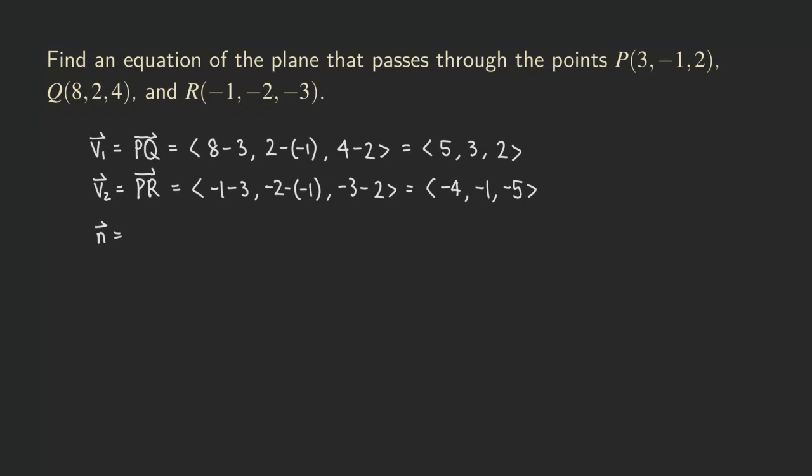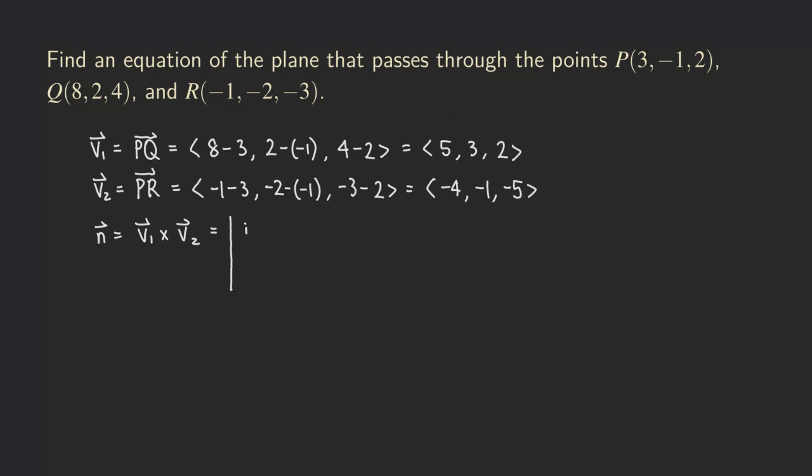The normal vector is determined by taking the cross product of v1 and v2. When we cross them, we're just computing a 3 by 3 determinant.